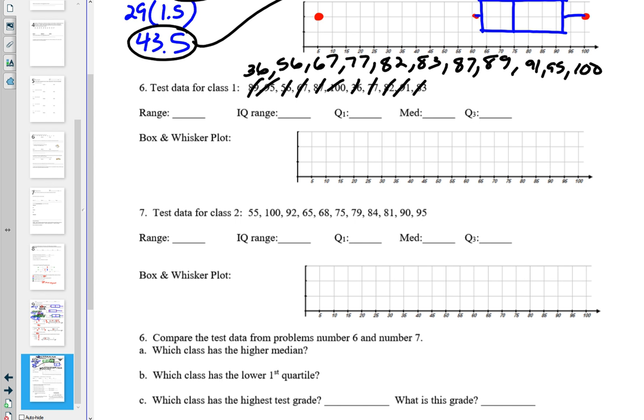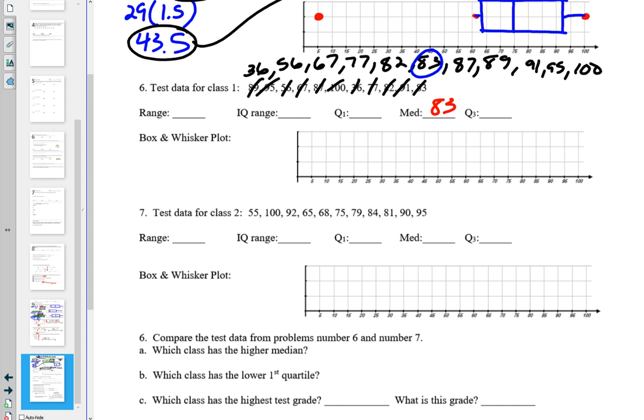So since there's 11 numbers, the one in the middle is going to be the sixth number. That's the median. 1, 2, 3, 4, 5, 6. So the median is 83. For my Q1, when you have an odd amount of numbers, you have to take the median out.